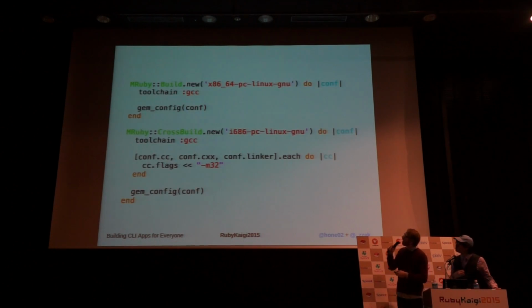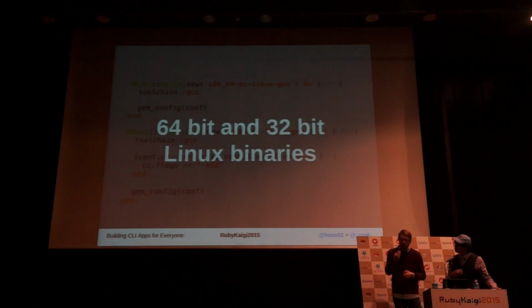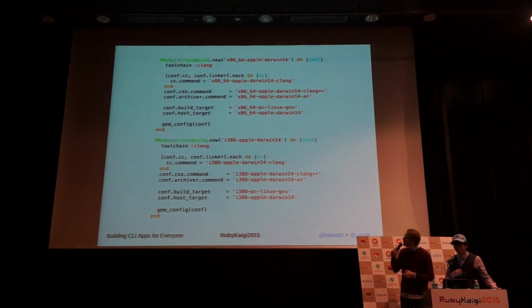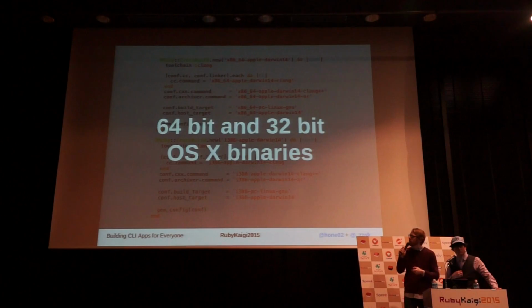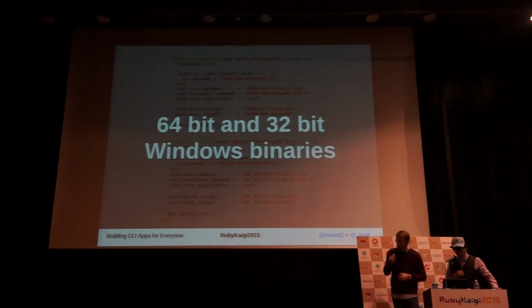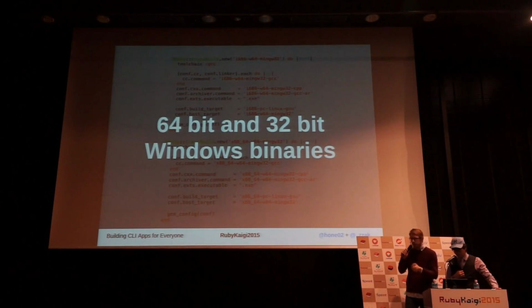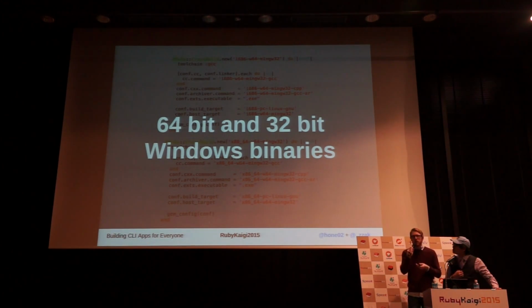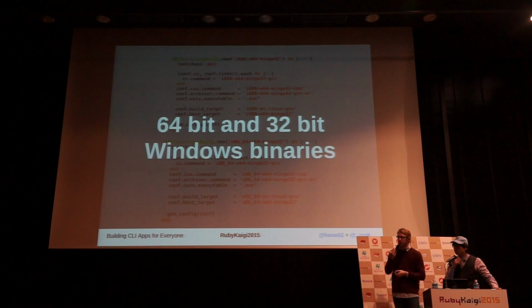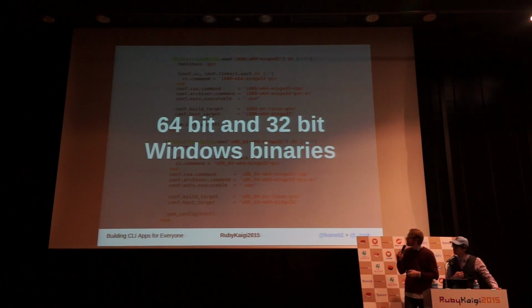And then we have 64-bit and 32-bit Linux binary configuration. As well, we have 64-bit and 32-bit OS X binary configuration, and same for Windows. So all this just gets generated for you, and this is actually just telling Ruby itself, which is used to compile mruby, how to do that.